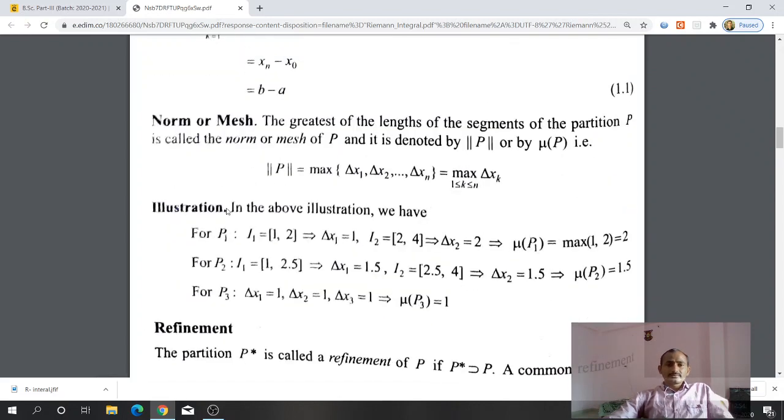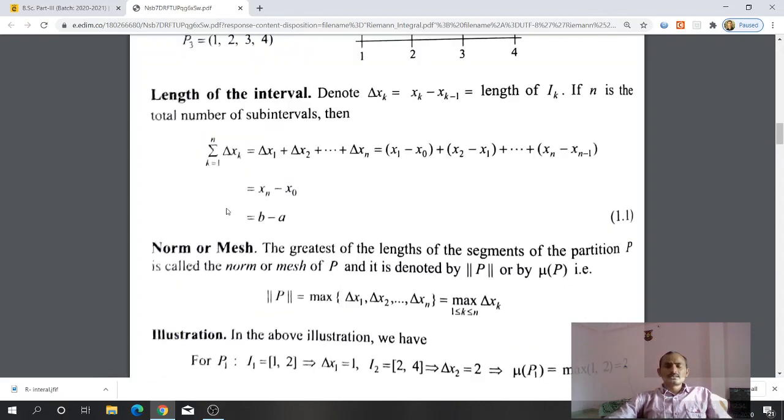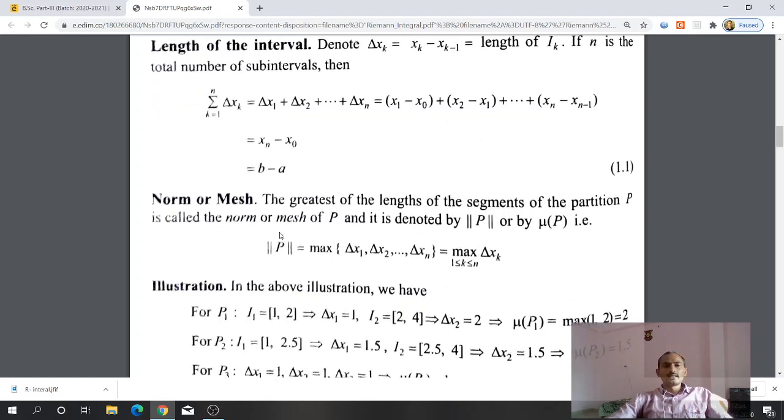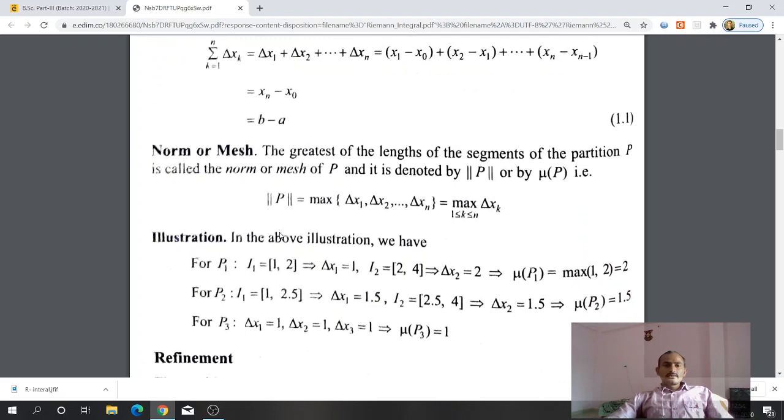The sum of the lengths of the subintervals is equal to the length of the original interval. Okay, so this is the length of an interval. Next, we will see what the norm or mesh of a partition P is.